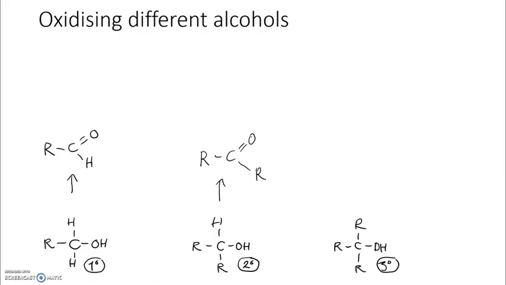Now, if we go to the tertiary alcohol, we will see that we don't actually have any hydrogens to break off. If we wanted to oxidize this further, we actually would have to break a carbon-carbon bond. And acidified dichromate is just not a powerful enough oxidizing agent.